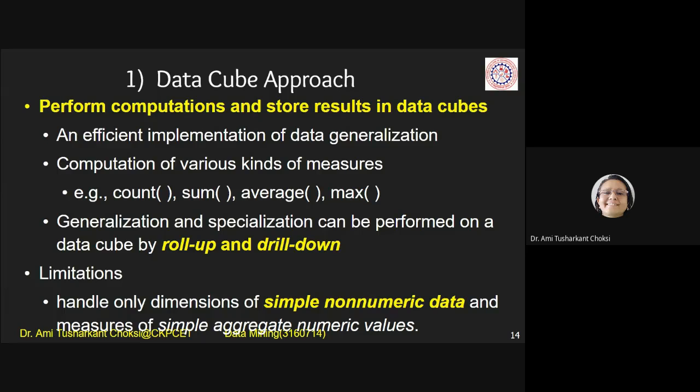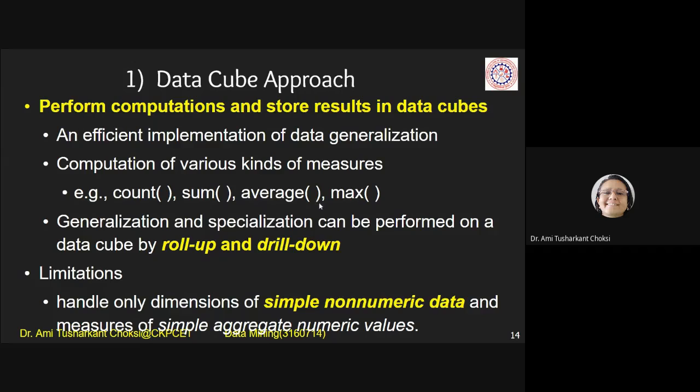If we consider the sales of each month and sum it, we can have the general idea: this much profit, this much sales was there. And if we want the average in a year per month, what was the gain, for that we can find the average.